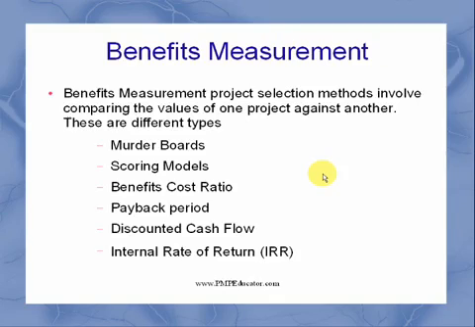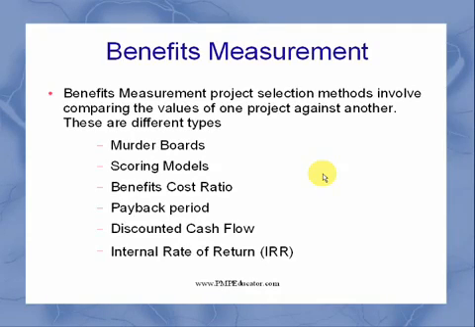Benefits measurement, as the term itself says, means you compare or measure the benefits. You compare the benefits of different types of projects, and you select the project which is more beneficial, whether it's the profit, the efficiency, or the features it brings for the organization.